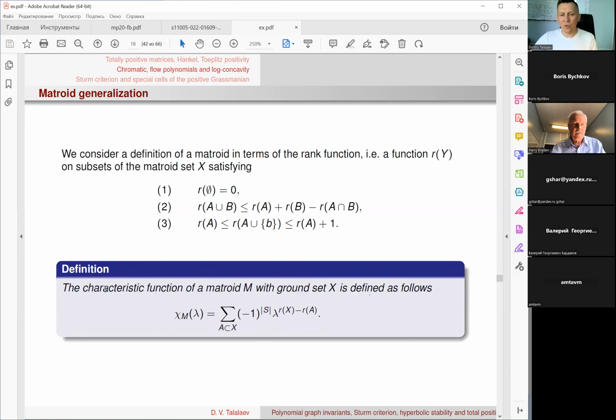With each matroid, one relates a characteristic function. Here is the definition of this characteristic function. It depends on one parameter lambda, and is calculated as a sum over subsets of our set X. The lambda is taken in the power of the rank function of this subset.